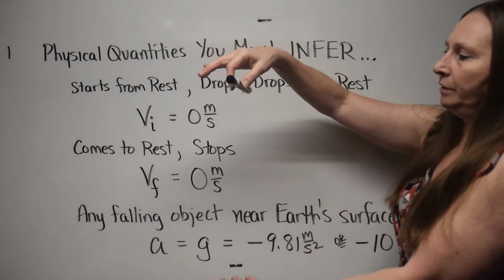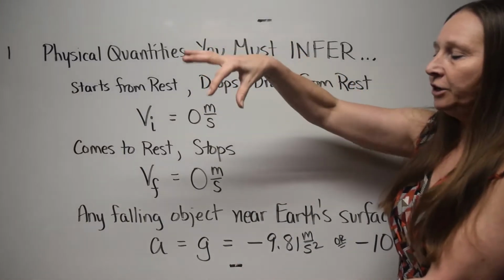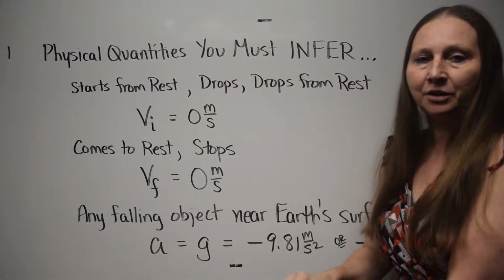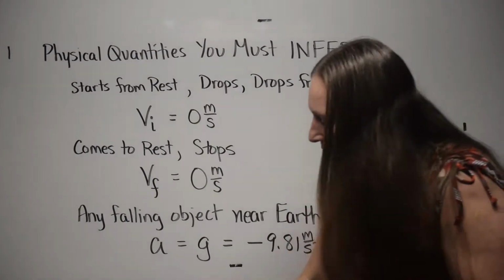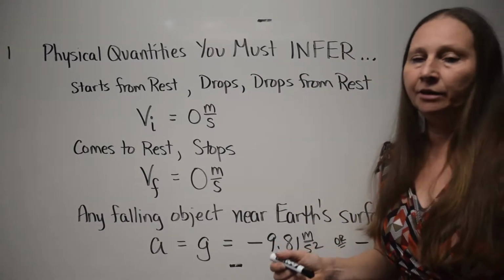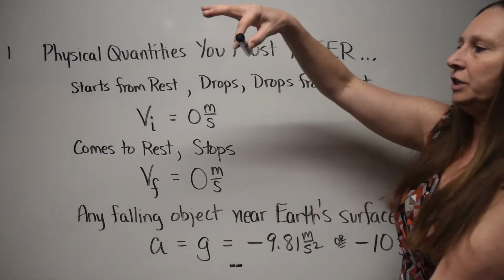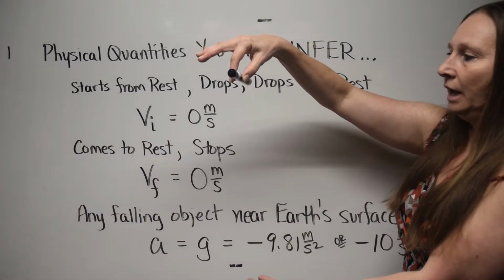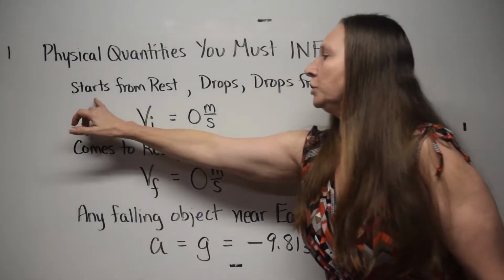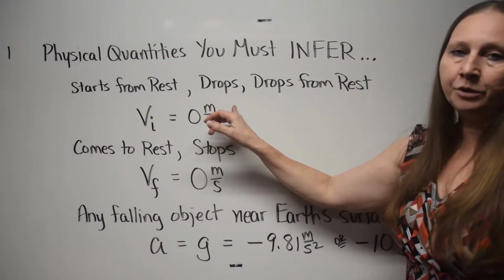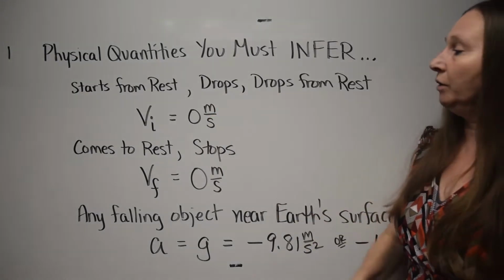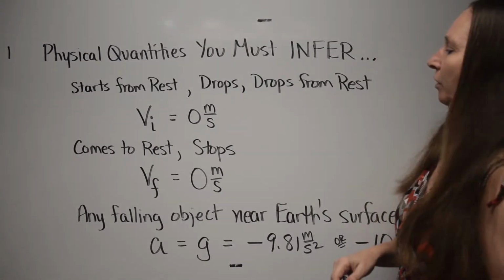If I drop this object, initially the velocity is 0, and then it starts to go faster and faster. But I didn't throw it down. I didn't give it an initial velocity like -3 meters per second. I just let it start from 0 and go faster and faster, naturally, down. So starts from rest, drops, or drops from rest means that the initial velocity is 0.